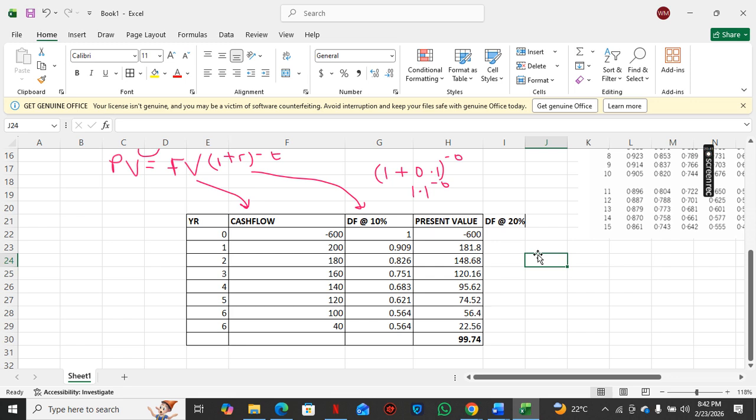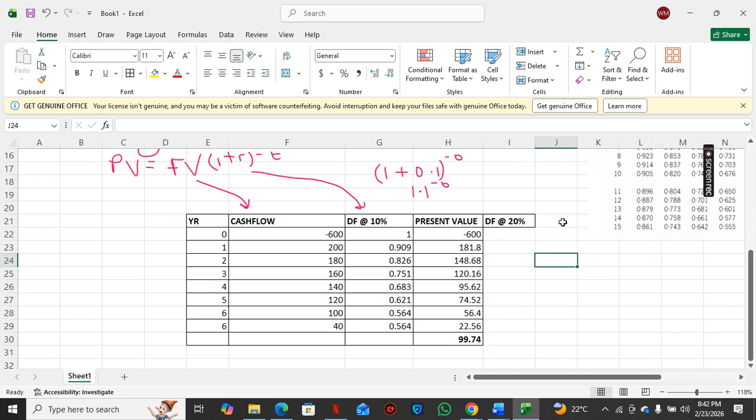Because if you choose maybe 11% and it still gives a positive net present value, you need to redo the process until you get a negative one. So in the exam, be extravagant so that you are not spending hours on this question.